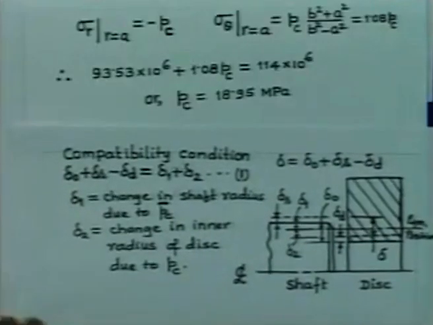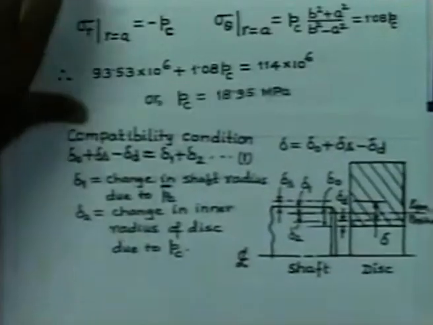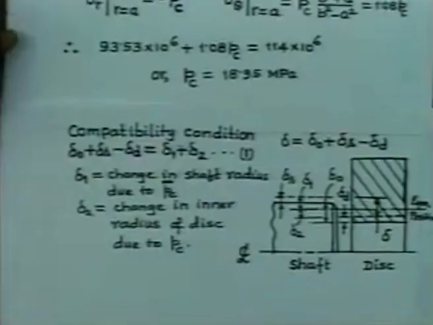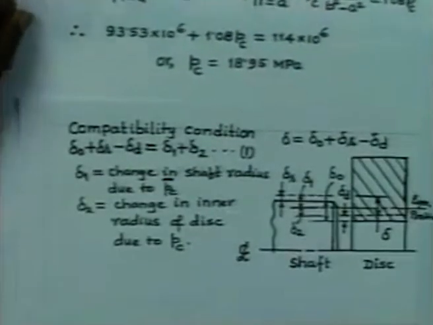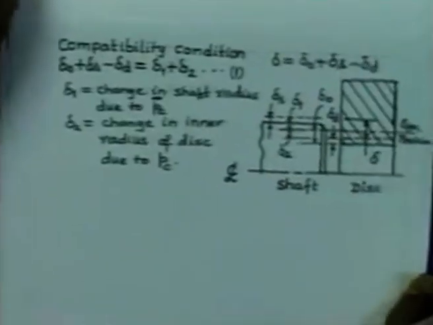So, we can now calculate all these quantities to find out the initial interference delta 0.